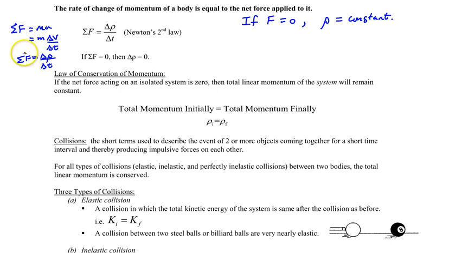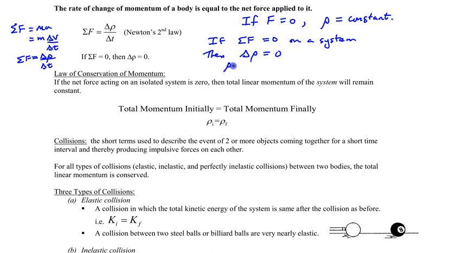You see, if the sum of the forces is 0 on a system of particles, such as two objects that are interacting with each other in a collision, then we know that if this side is 0, then the right side must be 0. So the change of momentum of the system must be 0.